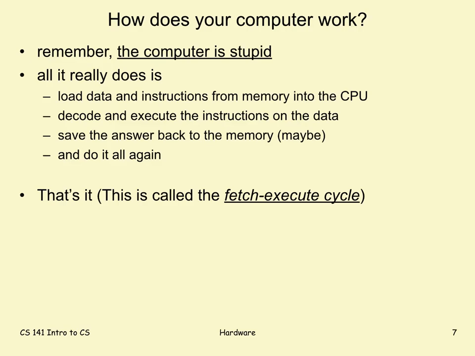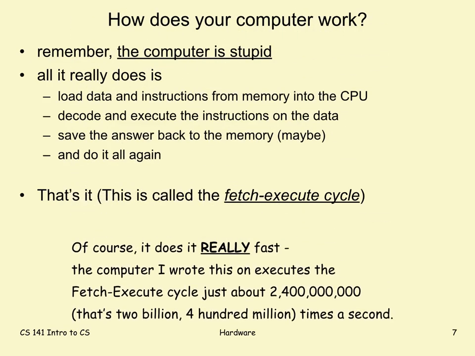So how can the computer do all of these really cool, fancy things? Well, the thing is, it does it really, really fast. The computer that I'm using right now, the computer you're reading this on, executes the fetch-execute cycle somewhere around 2 billion times per second.